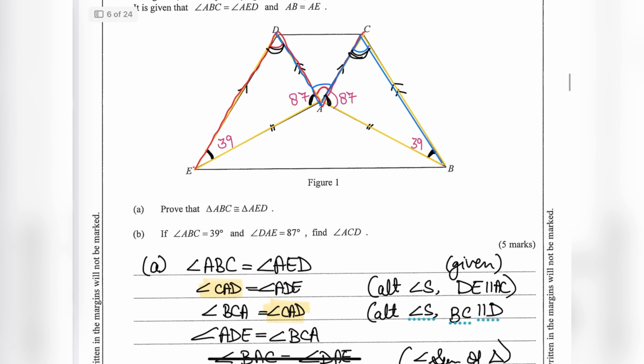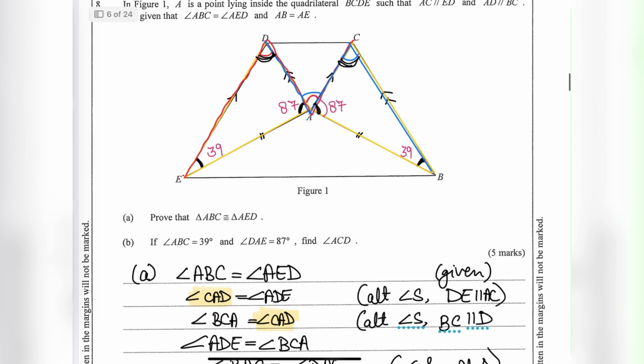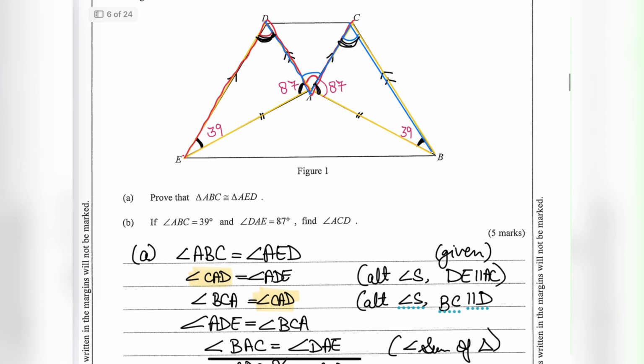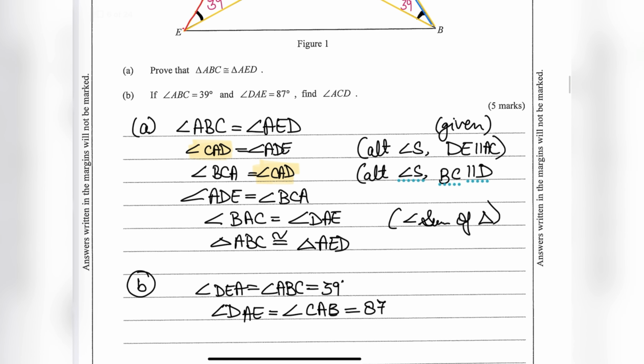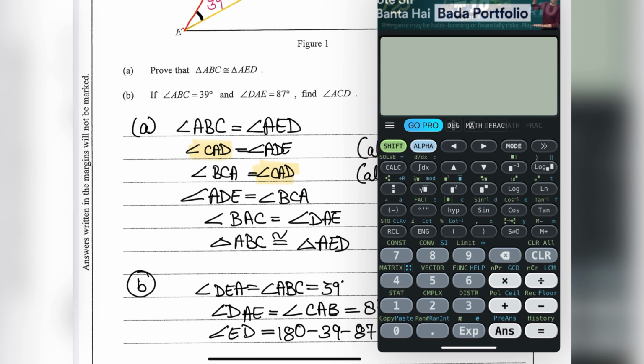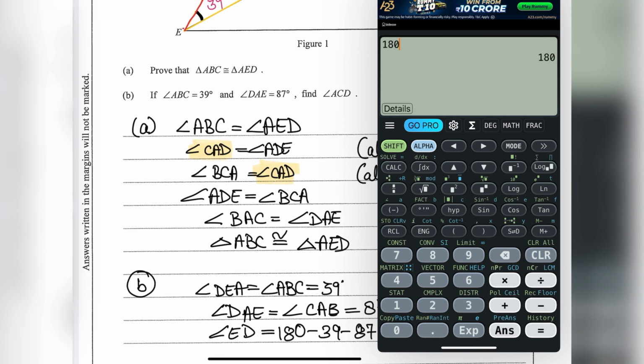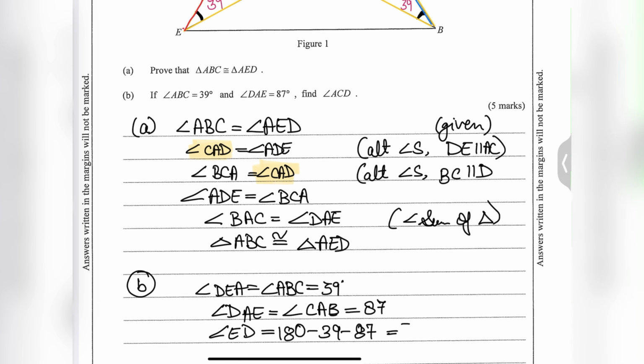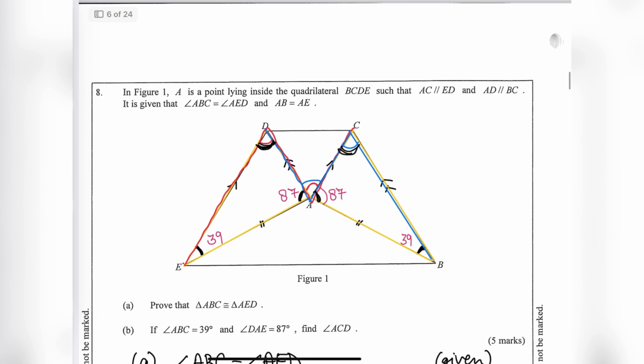By the sum of the triangle, we can find angle ADE, or EDA. Angle EDA will be equal to 180 minus 39 minus 87, which is 54. So these two angles are 54 and 54.